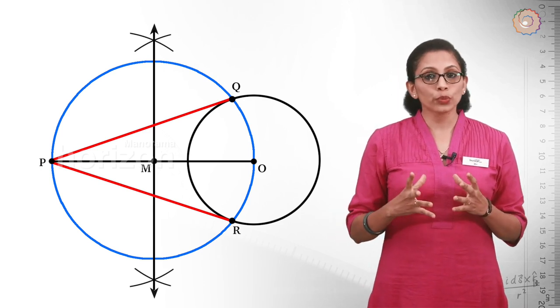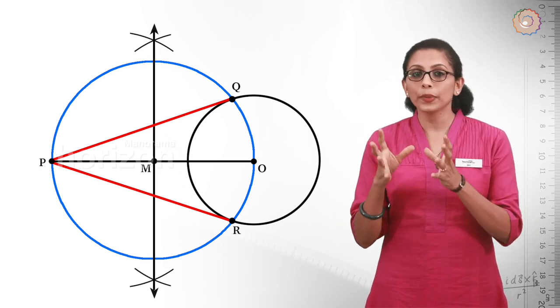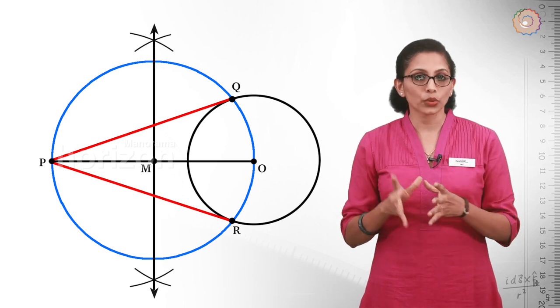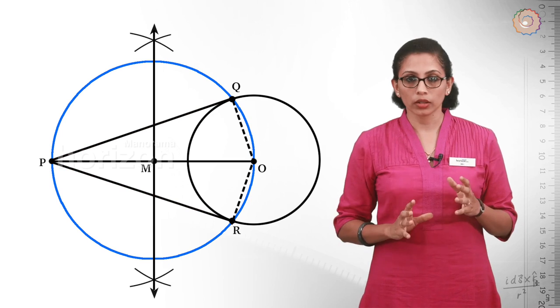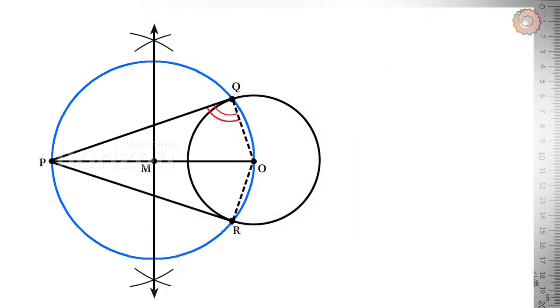To prove, what we need to prove? We need to prove PQ and PR are the two tangents to the circle. So for that, join OQ and OR. Now, angle PQO is an angle in the semicircle of the blue circle. And we know that angle in a semicircle is a right angle.